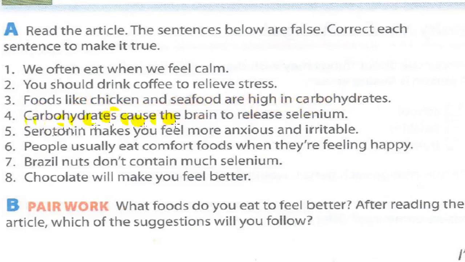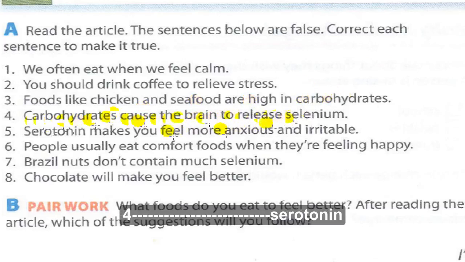4. Carbohydrates cause the brain to release selenium. No, wrong. Carbohydrates cause the brain to release serotonin, not selenium, but serotonin. 5. Serotonin makes you feel more anxious and irritable.